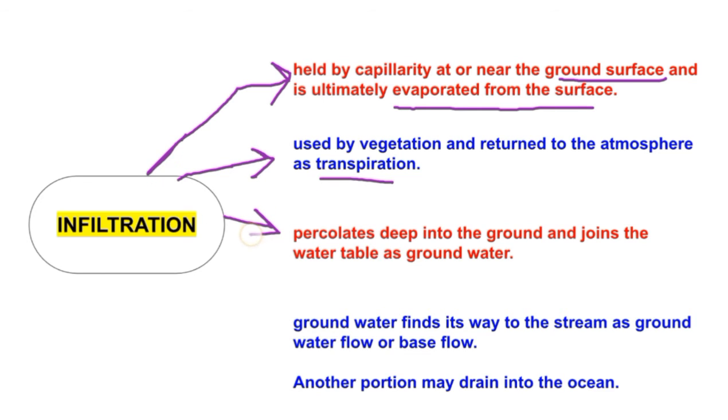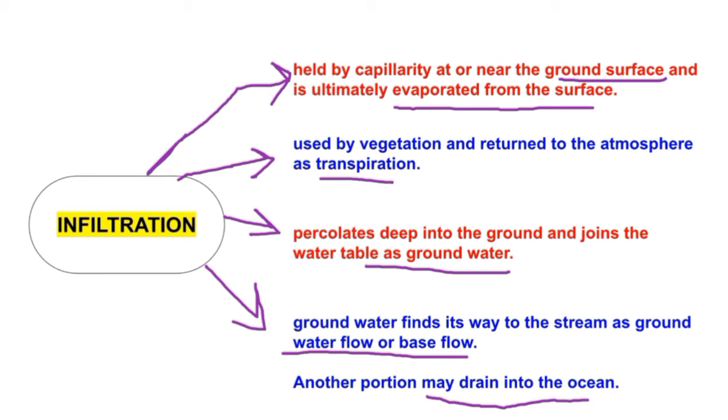Some portion percolates deep into the ground and joins the water table as groundwater. Then some portion of the infiltrated water that has joined the groundwater table will find its way to the stream as groundwater flow or base flow, and another portion may drain into the ocean.